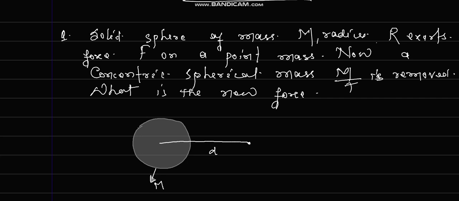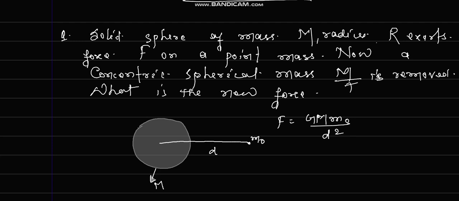So I can write, using the law of gravitation, F is equal to, call this a point mass or test mass, m naught, so G m naught divided by d square. This is the force when the whole mass is spread uniformly and no mass has been removed.